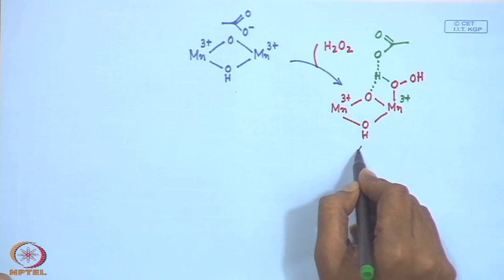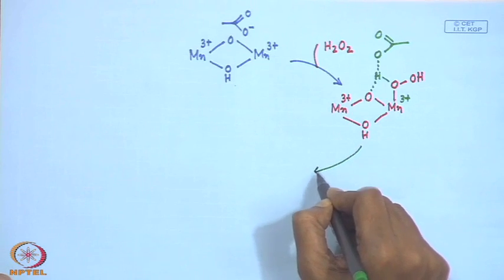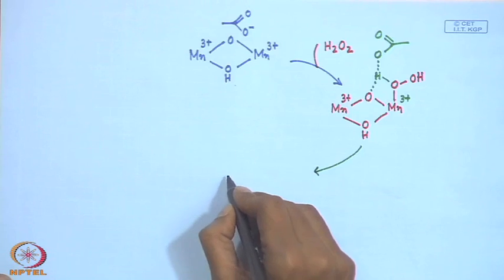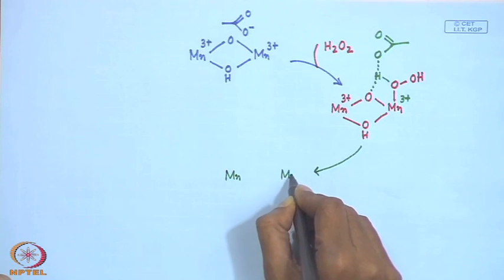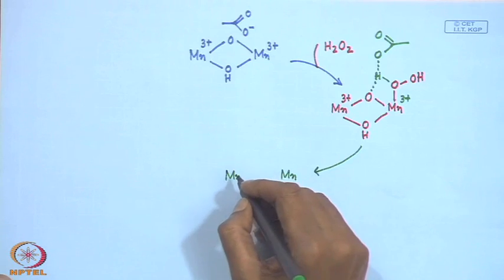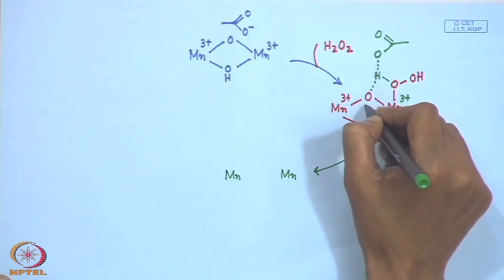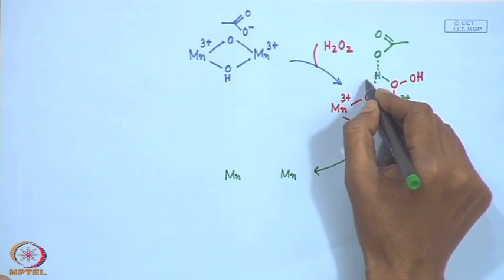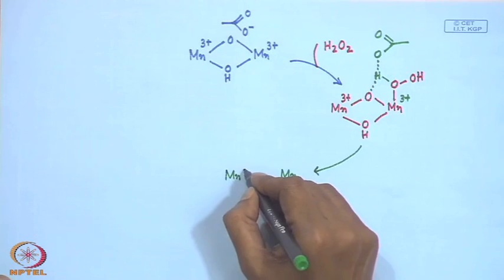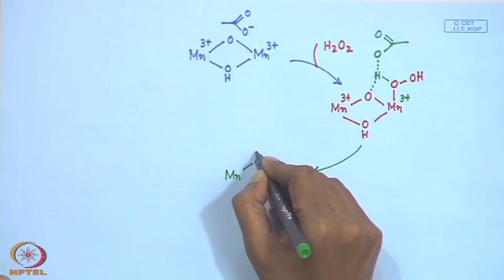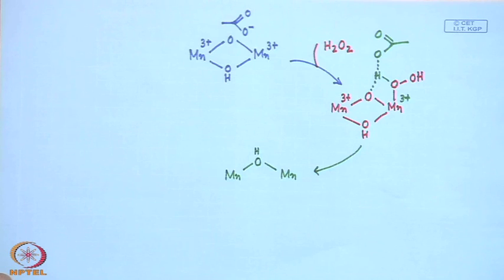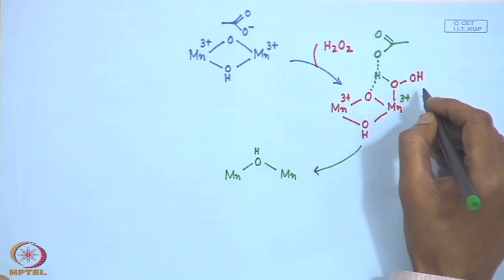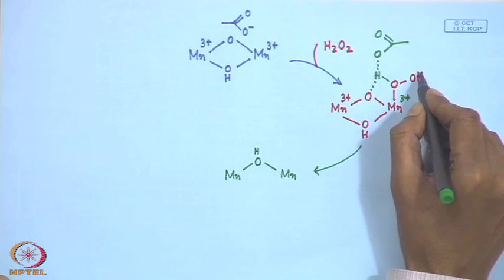So, once this connectivity is established, in the third step this particular oxo function can now take up this hydrogen. That is the interconversion of oxo and hydroxo function that I am talking about. So, this will become a hydroxide function, and this hydrogen can also be released after binding.